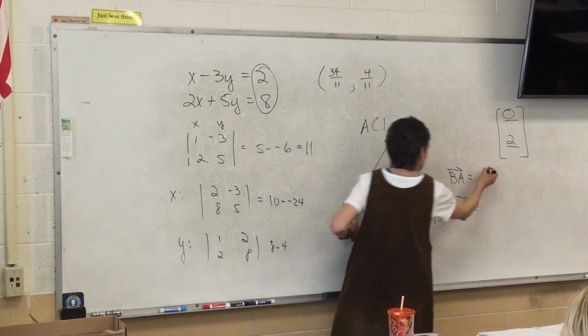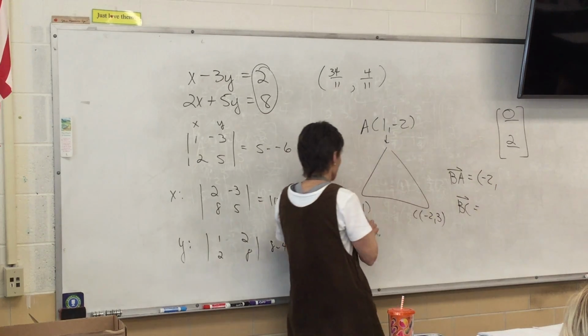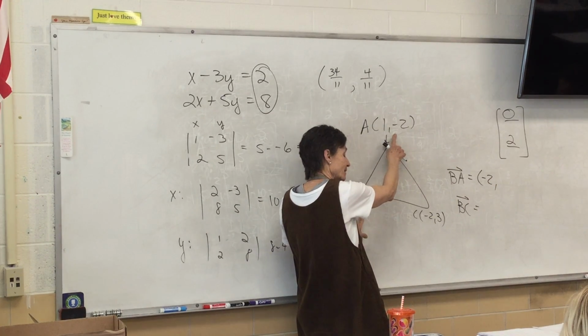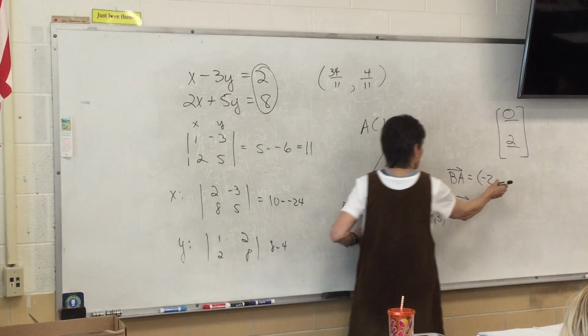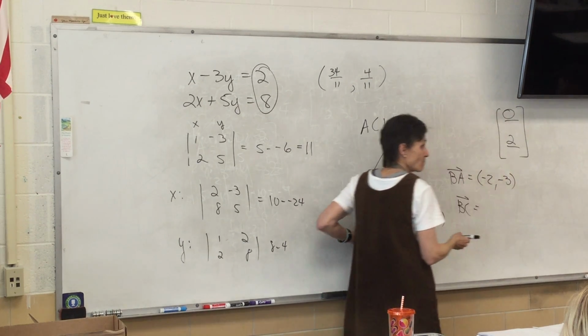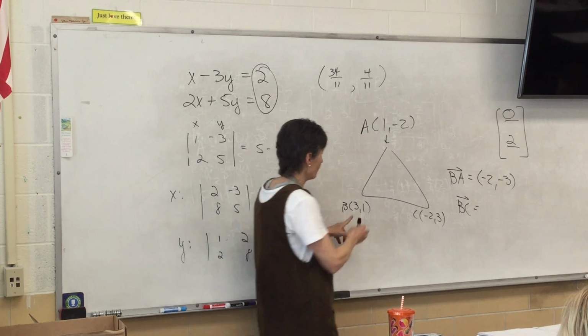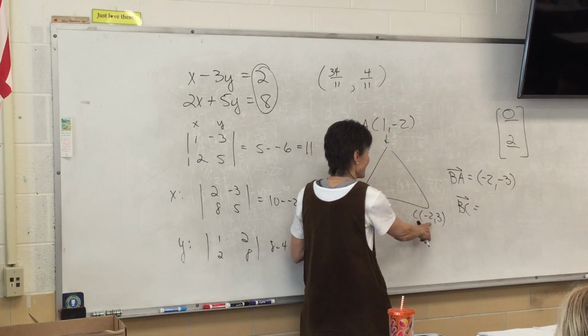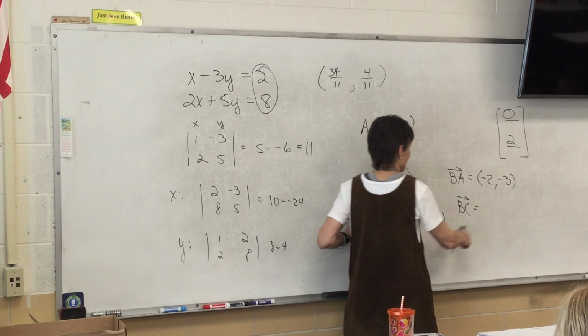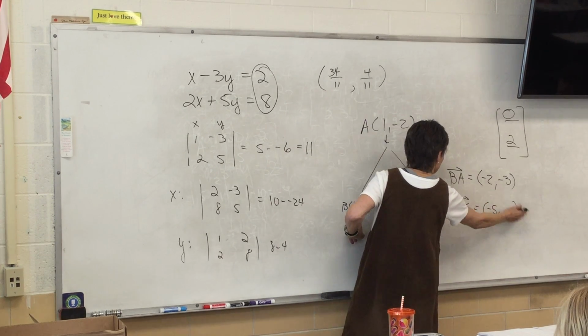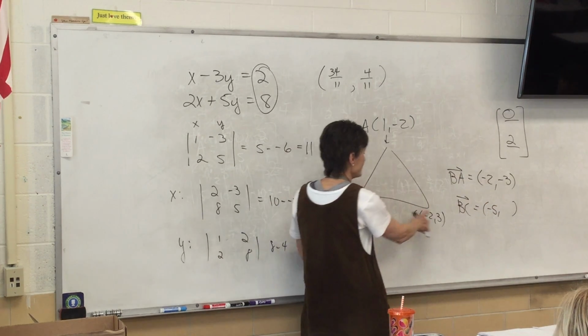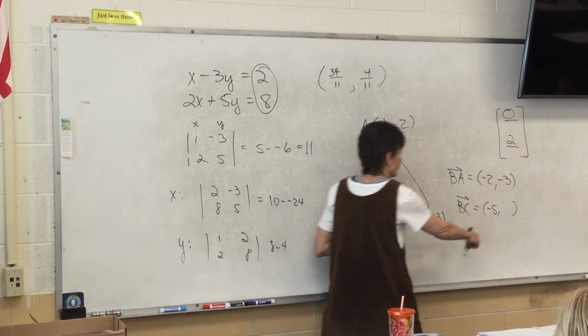That's -2. 1 to -2. It's -3. Signs matter, negatives matter. Now, B to C, 3 to -2. -5. And 1 to 3, 2.